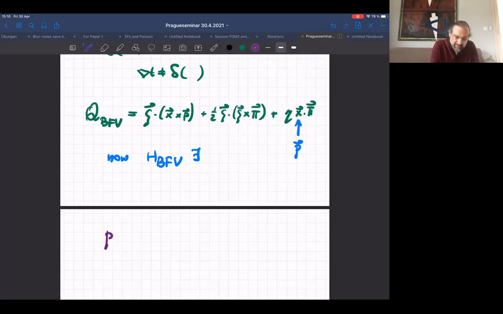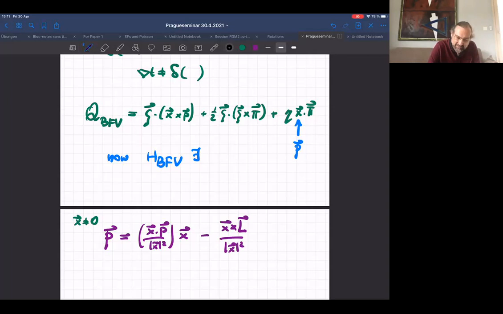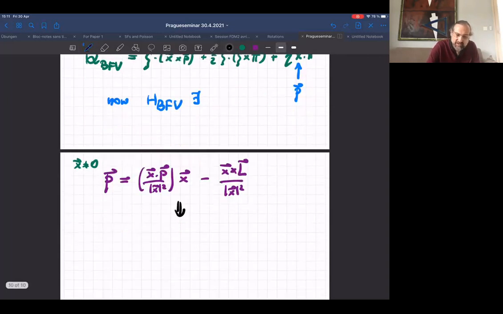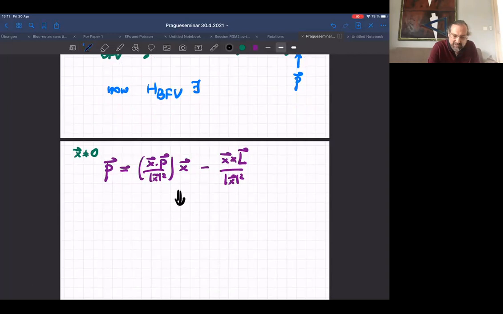If x is not 0, then I can write P as some function times x plus a function which vanishes on shell, by this simple identity. Which means that outside the origin, to parameterize the ambiguities, it would be equivalent to use P or X.